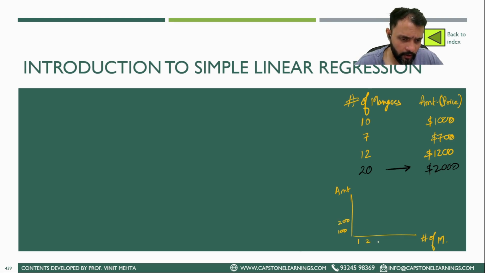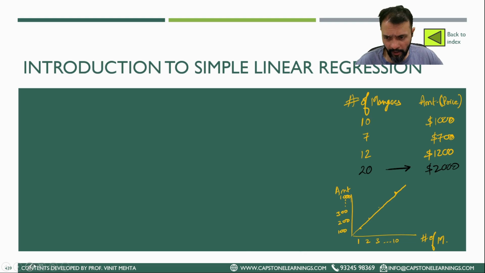And when you take 3 mangoes, it is going to be worth 300. And then we spoke about 10 mangoes, it is going to be worth 1000. Now, when you put all this information on the graph and you connect all these dots, what you get is the linear equation.